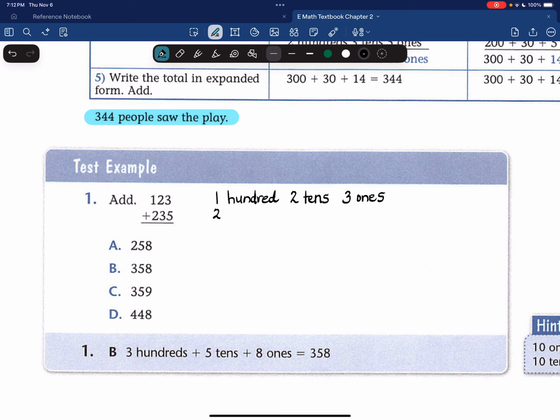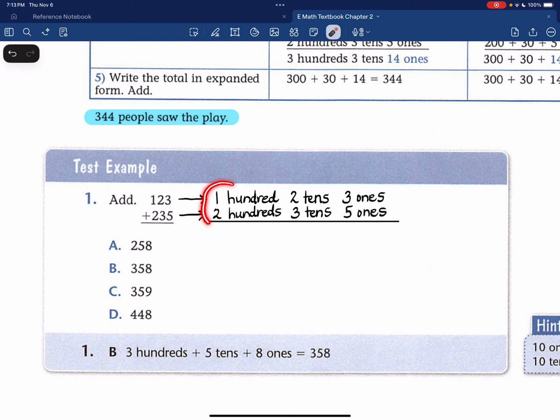And then I would write 2 hundreds, 3 tens, and 5 ones. So I had just expanded those numbers out using words. And then I'll draw the line because we're getting ready to do the addition part. And I'll add these two.